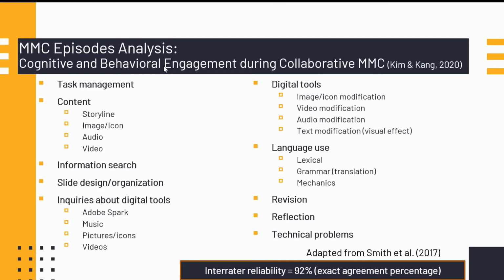After going through several rounds of coding scheme development, we came up with these categories: task management, content, information search, language use, and technical problems. Once we identify one MMC episode, we code the topic of the episode.